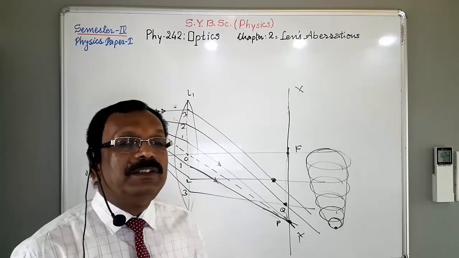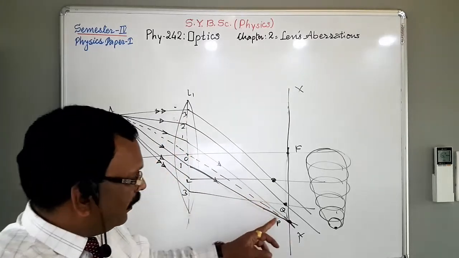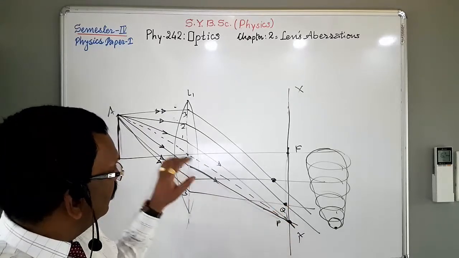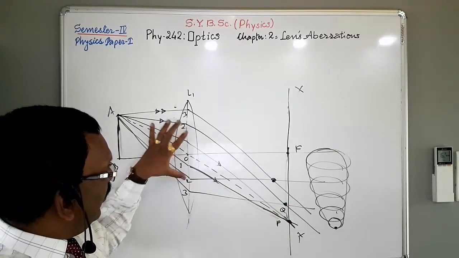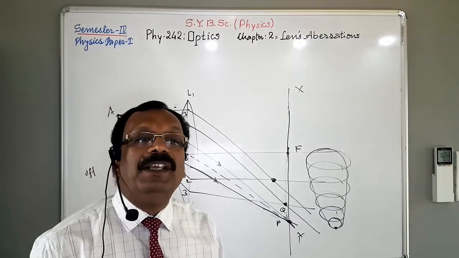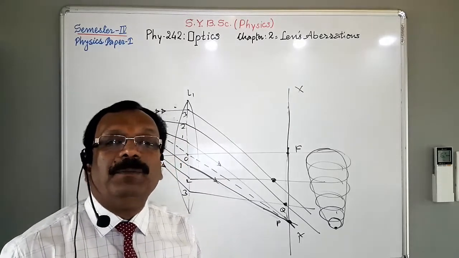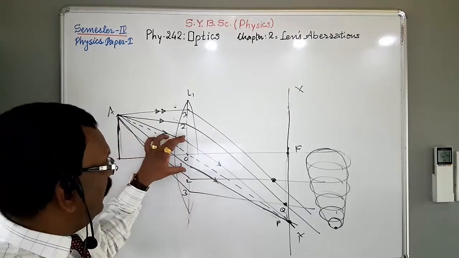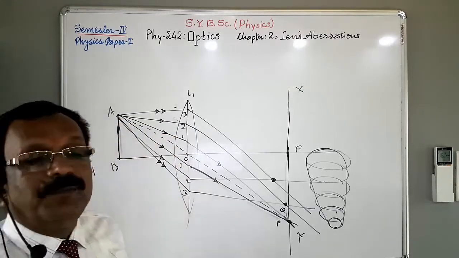This is because the rays limited by zone 2 have the maximum deviation, having a smaller focal length as compared to the rays limited by the first zone.